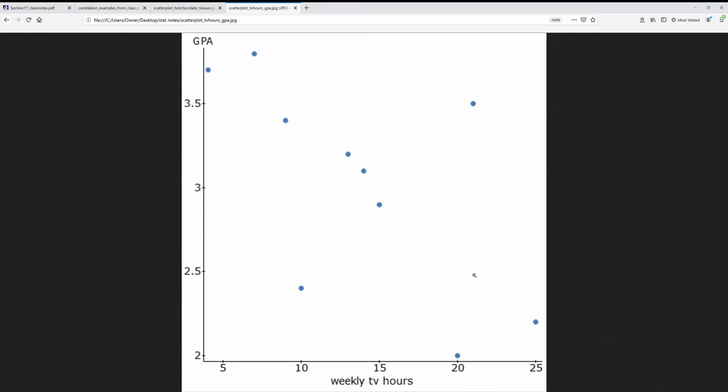There's no reason you couldn't have two students with the same TV hours and different GPAs. But you're only going to have one height of the line there, which is about where I have the cursor. So you can see how this plays out. The reality is up there at 3.5. The prediction is down here at maybe 2.5.